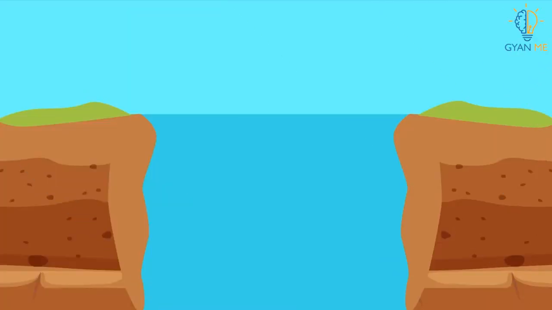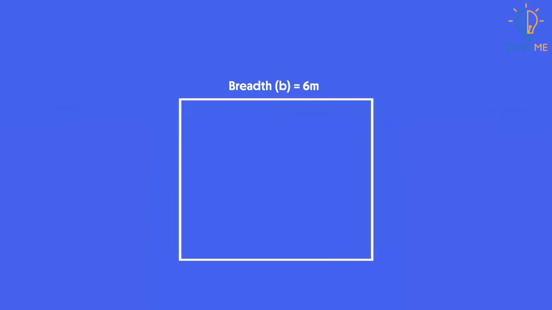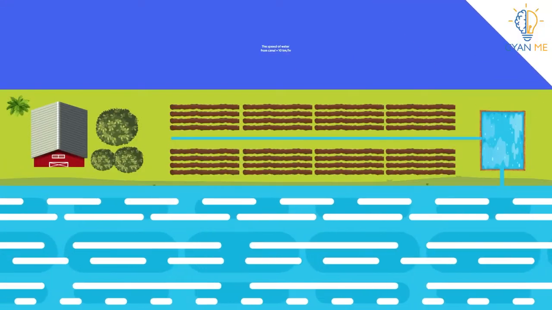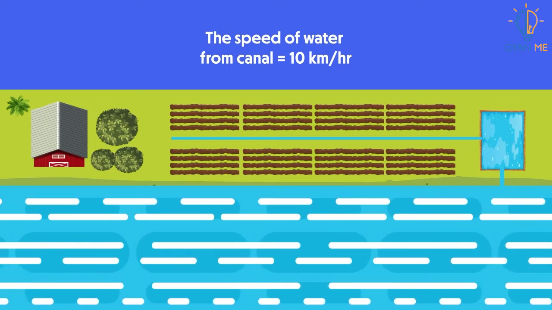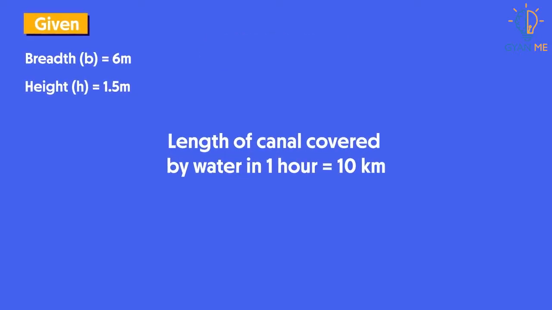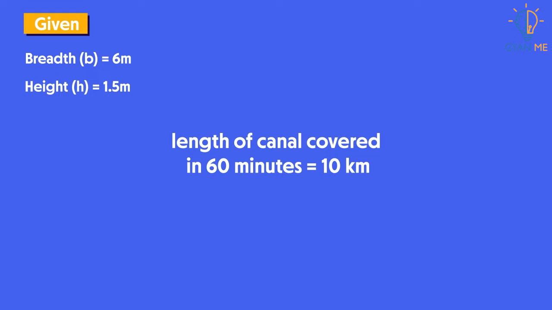Students, it is given that the canal is the shape of a cuboid with dimensions: breadth is equal to 6 meter and height is equal to 1.5 meter. It is also given that the speed of water from the canal is equal to 10 km per hour, which means that the length of canal covered by water in 1 hour is equal to 10 km, which also means that the length of canal covered in 60 minutes is equal to 10 km.